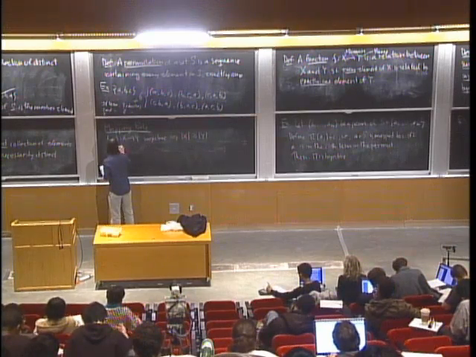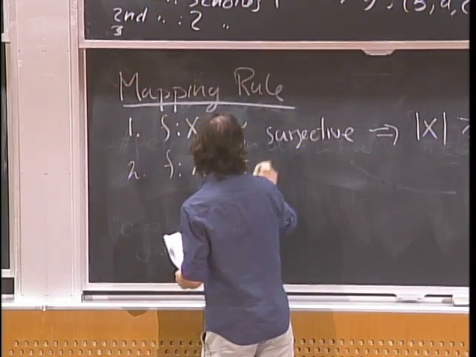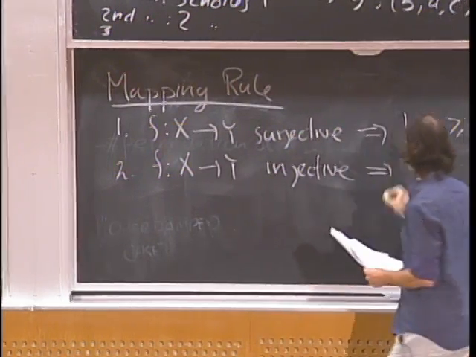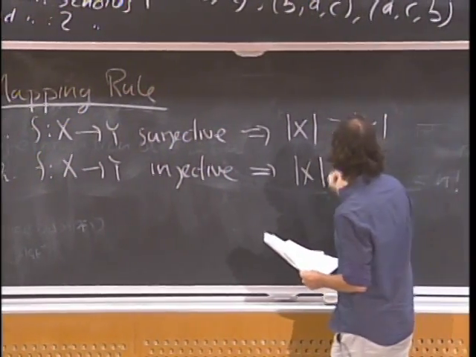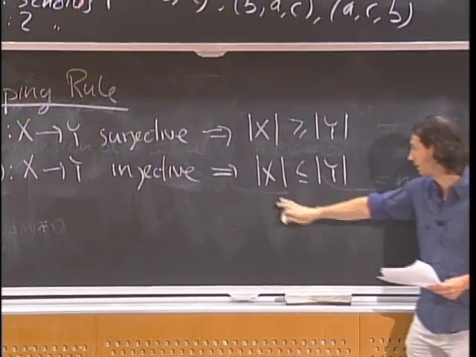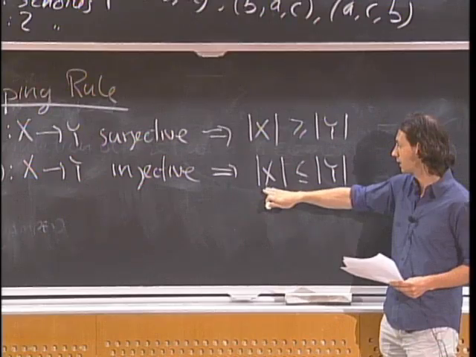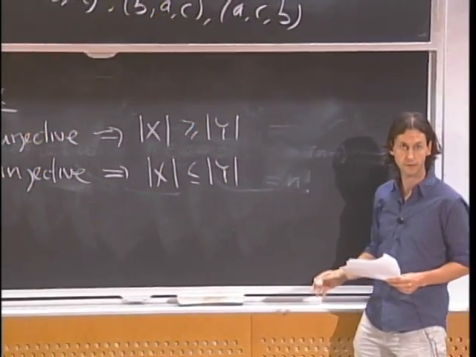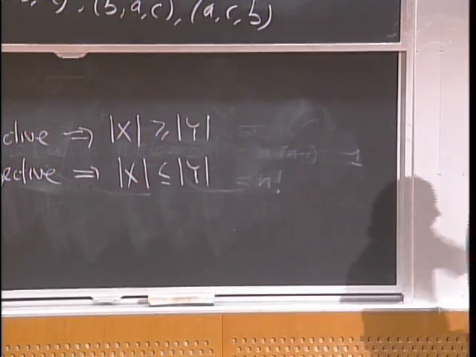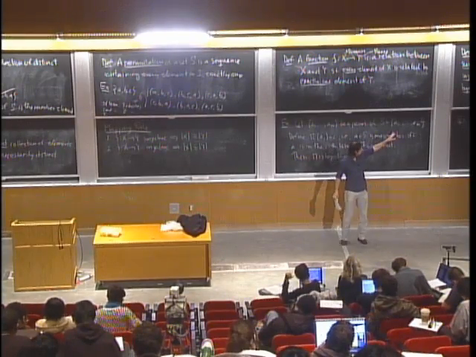And if a function f is injective, well, in that case, we know that the reverse relation holds, so the inequality holds. The cardinality of X is at most the cardinality of Y. So why is that? Well, every element in an injective function, right?